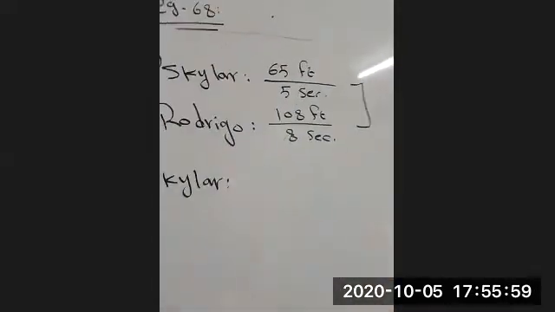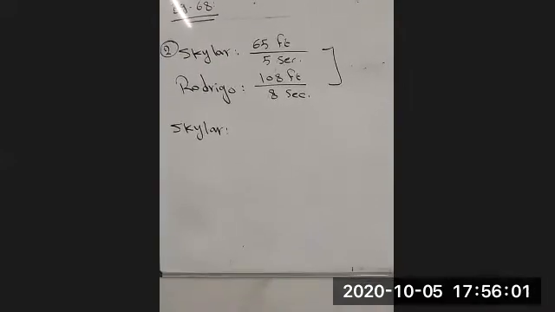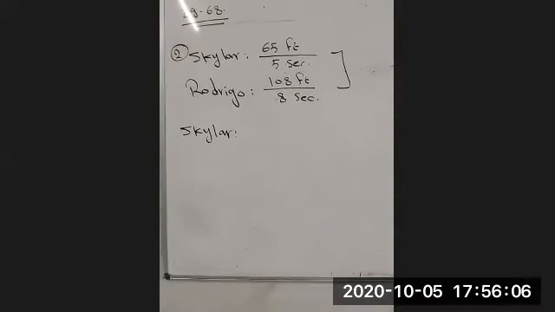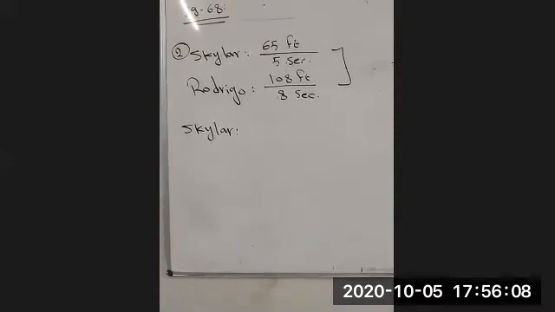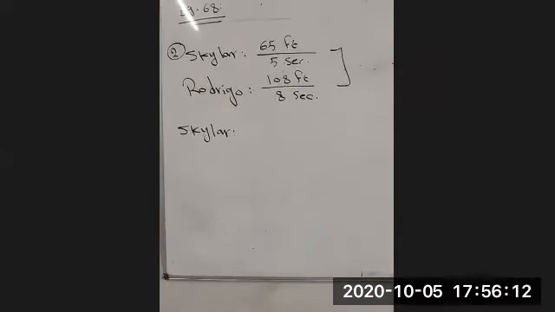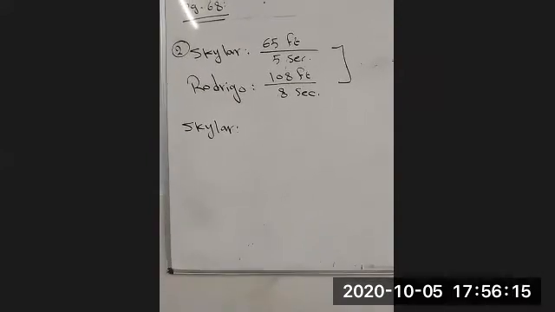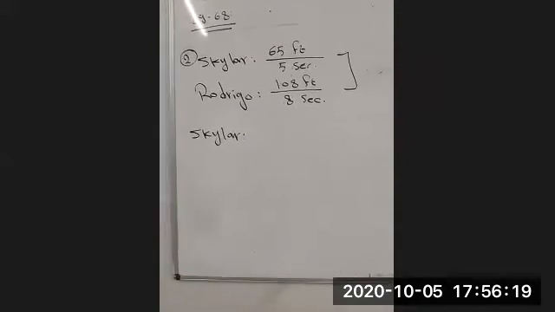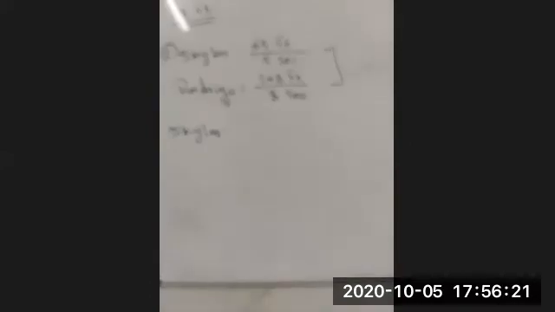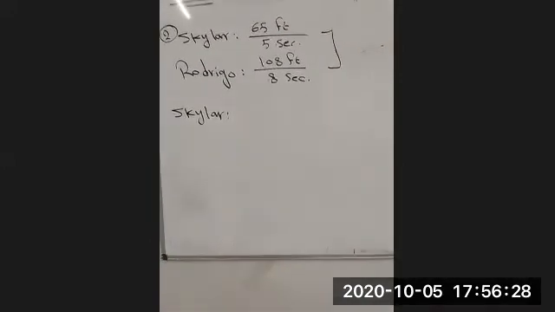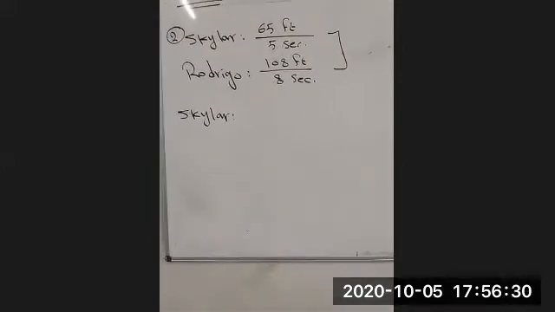Not by cross product. To turn it into a unit rate, we divide by the denominator. Not multiply, Muhammad. Divide.